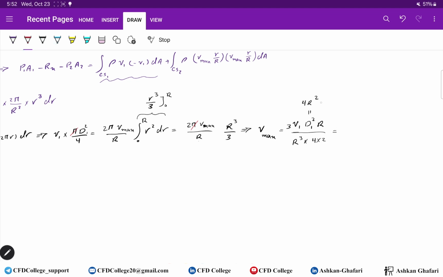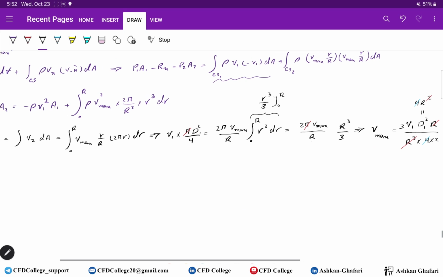So these are cancelled, and so Vmax equals 3 over 2 V1, which equals 150 feet per second, because we know V1.